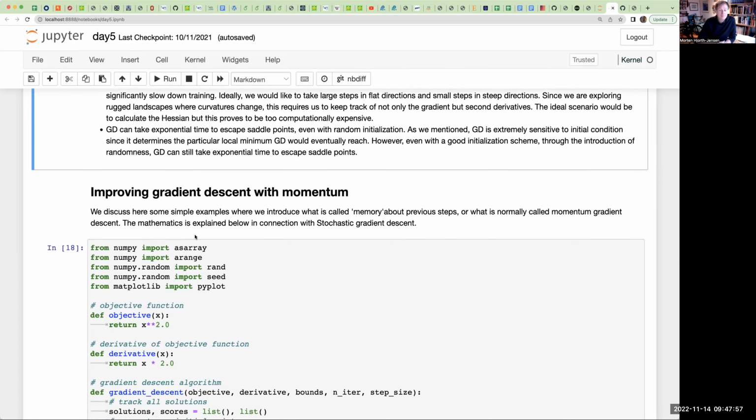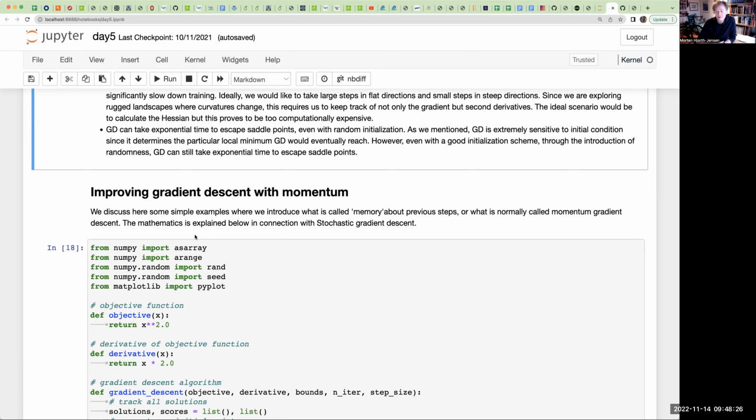Now, there is a method which allows us to improve the convergence of the standard gradient descent. This is a method which is independent of whether we do a stochastic gradient descent or a plain gradient descent. And this is called momentum gradient descent, or a name which I like is memory gradient descent.